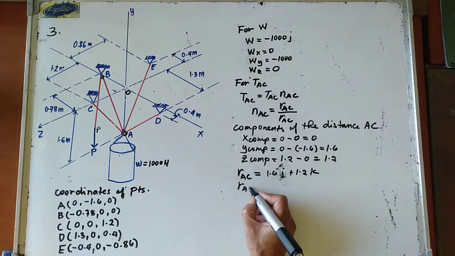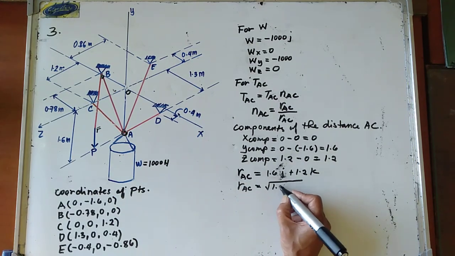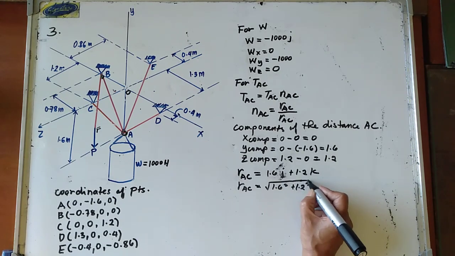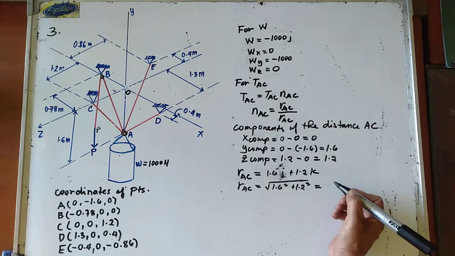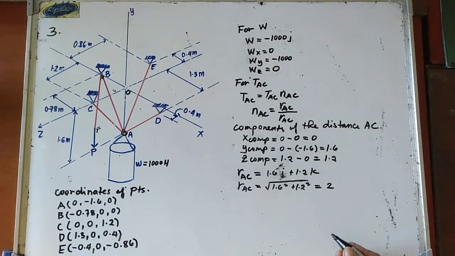Hence, the magnitude is equal to the square root of 1.6 squared plus 1.2 squared, which is equal to 2.